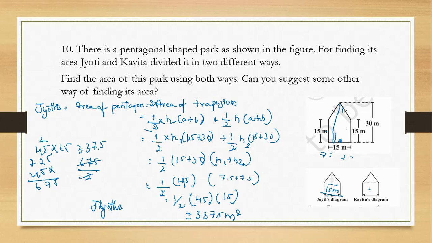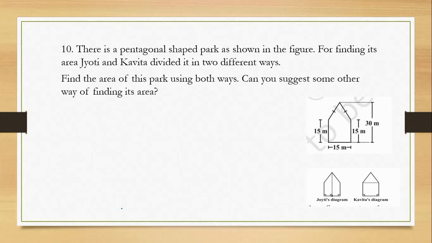let's discuss the same thing about Kavita's diagram. In Kavita's diagram, she considered one triangle and another square.